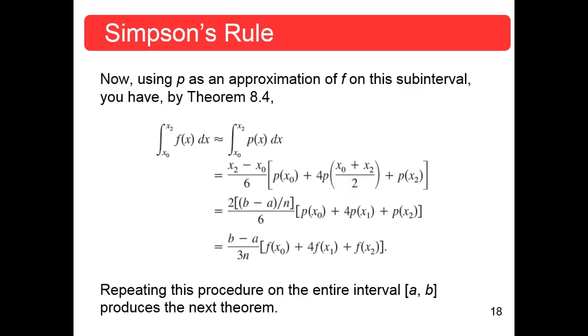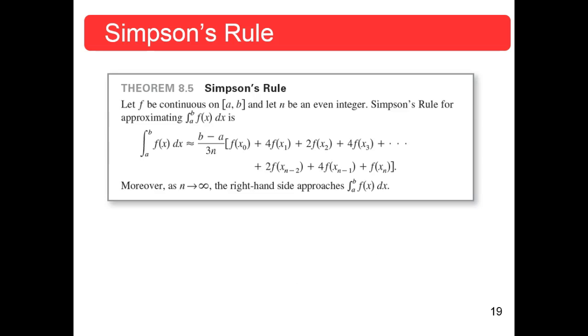Then you do it again, you'll double the x4, you'll do 4 times x5, and 1 x6. But then when you do x6 to x8, you get another x6, 4 x7s, and 1 x8, until you get to the end, and then you have only one f of xn, which is your b value. Okay, f of b. So here's the next theorem.